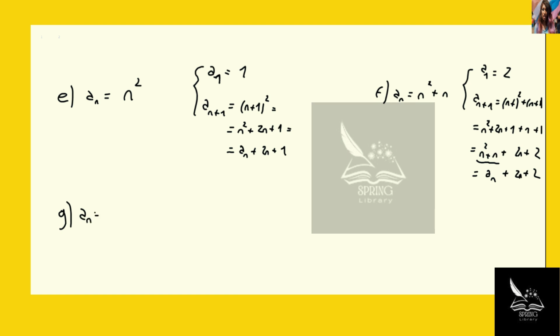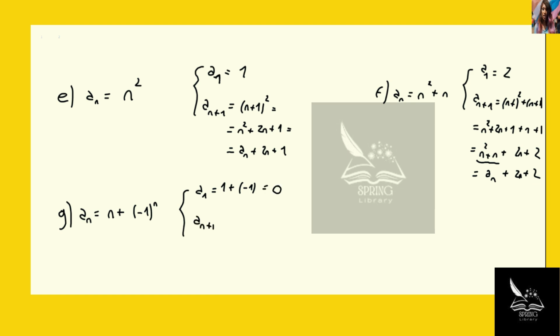Then we have the sequence an, which is given by n plus (-1) to the power of n. So let's compute the first element. The first term is 1 plus (-1) to the first power, which is 0.